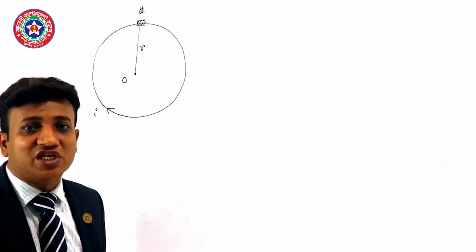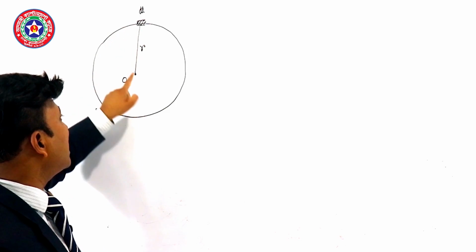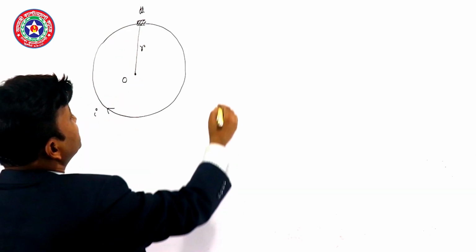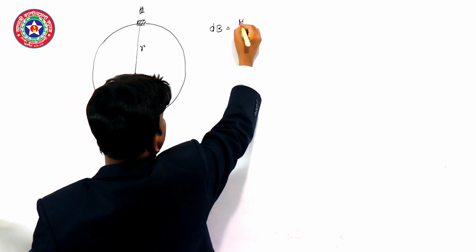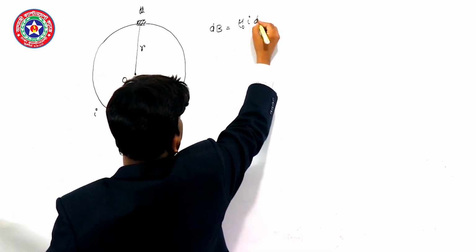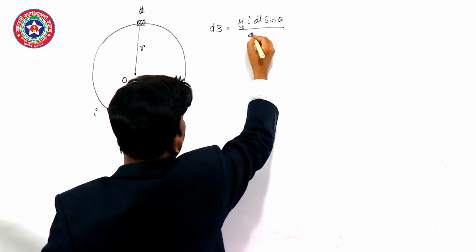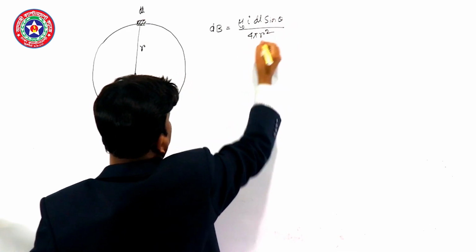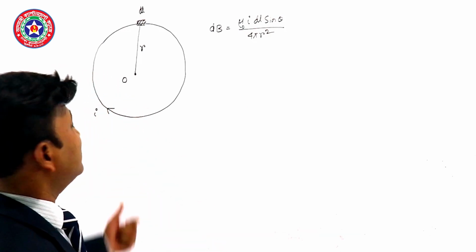According to Biot-Savart's law, the magnetic field due to dl at the center O will be dB equals μ₀ I dl sinθ divided by 4π r². Now, what is the angle in this case?